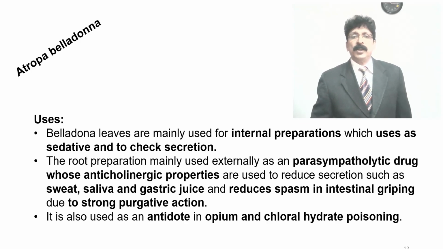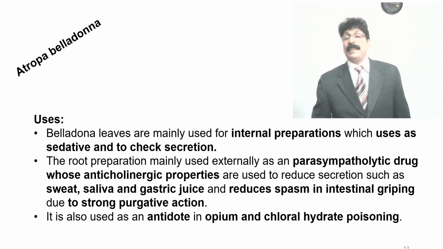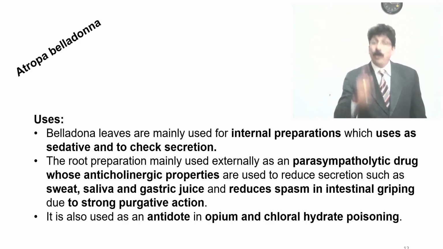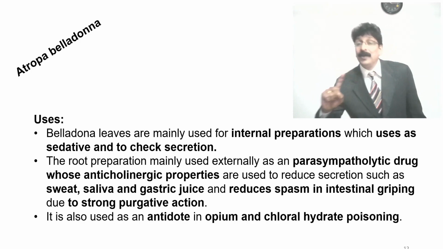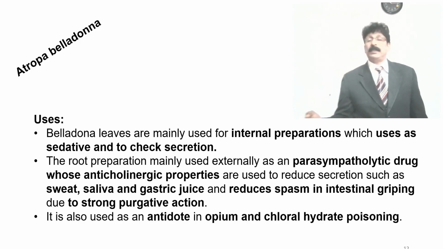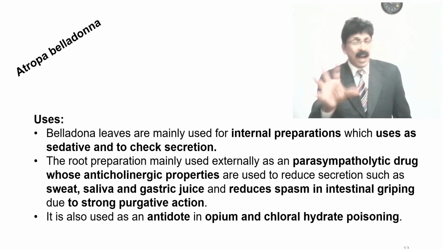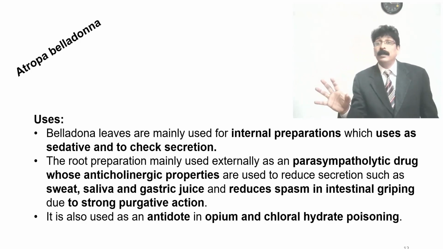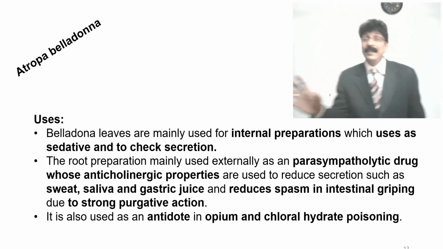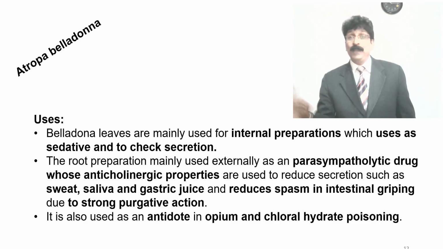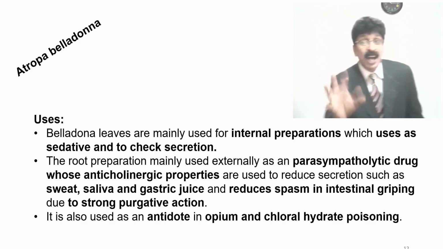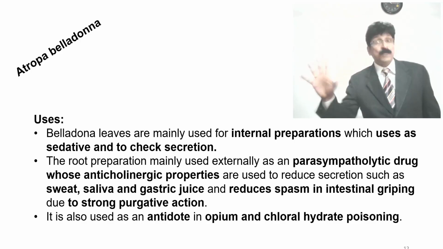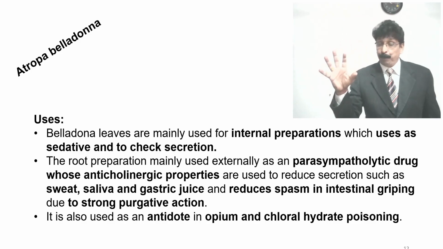So it is also used as an antidote in opium and chloral hydrate poisoning. When I asked in class what an antidote is, a student immediately said acetylcysteine, which is used as an antidote for paracetamol poisoning.